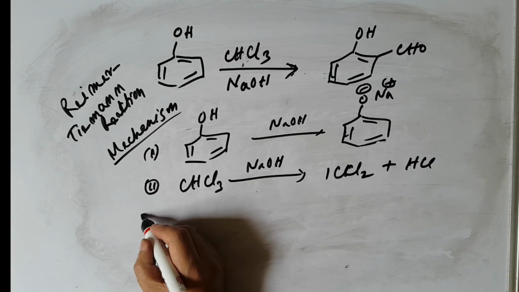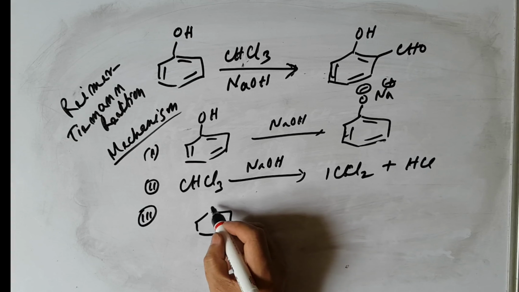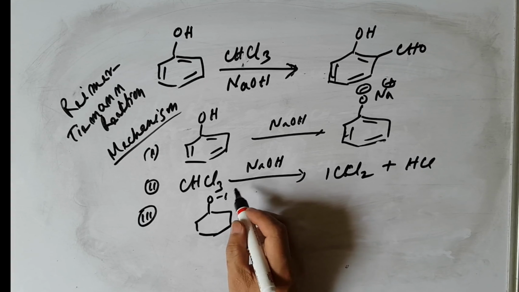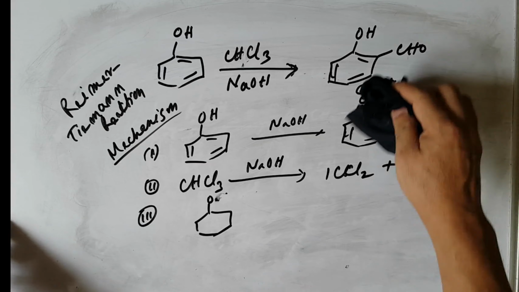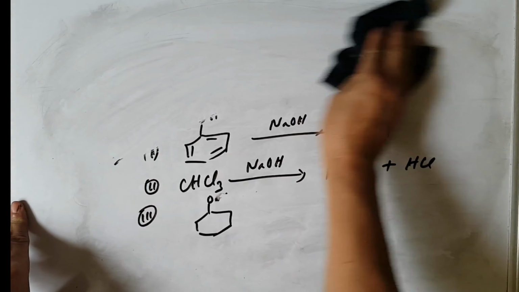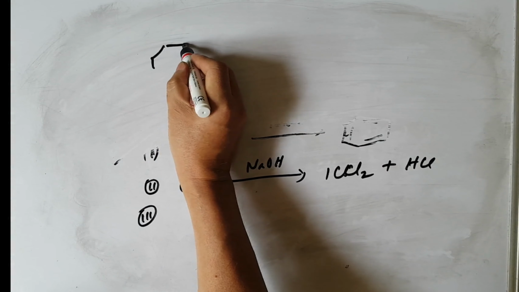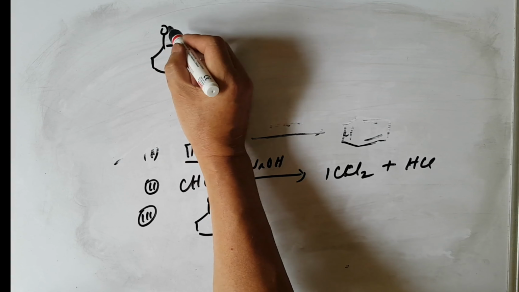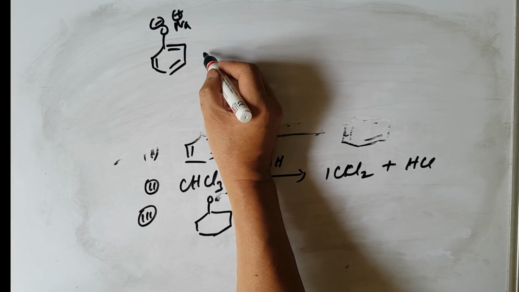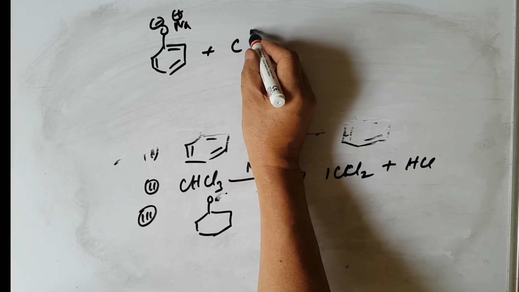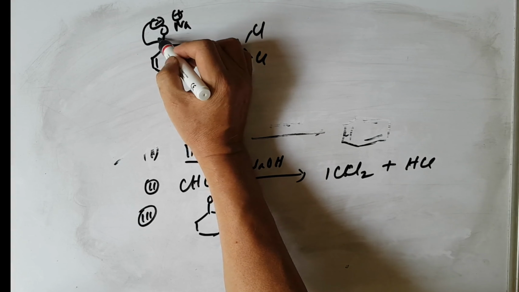So in the third step, this phenoxide ion reacts with the carbene. I'll draw it here. The reaction of this phenoxide ion with the carbene: the ONa negative charge reacts with this carbene, like this.